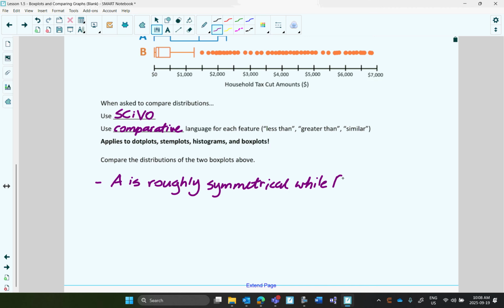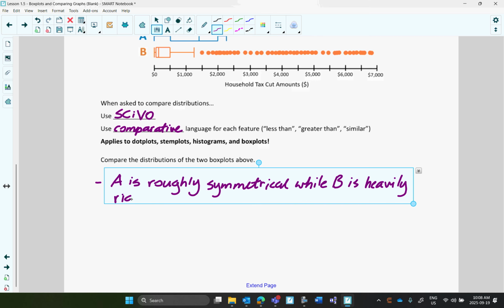B, I would even say, is heavily right skewed, or significantly right skewed.